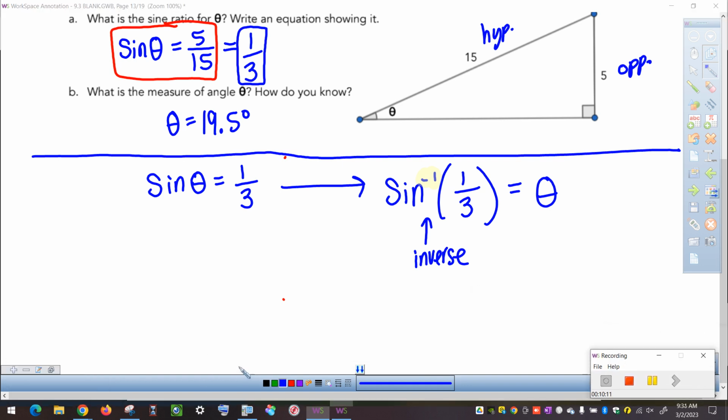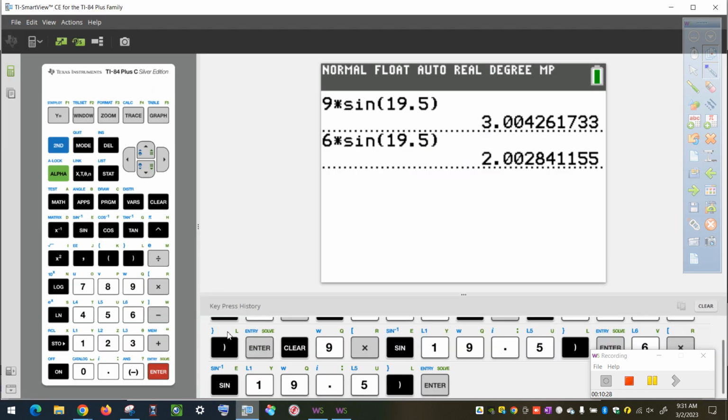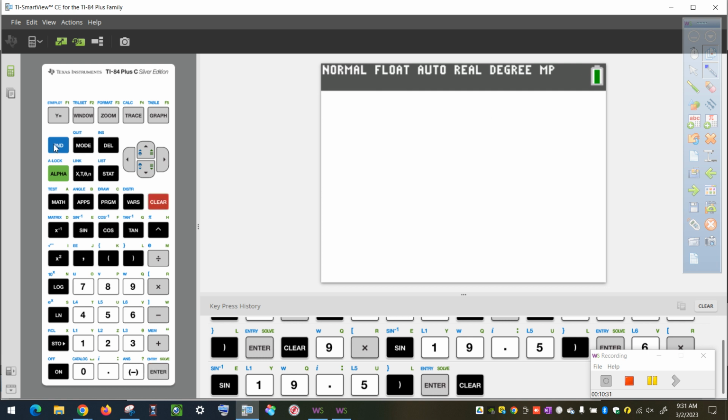Now I want to show you here how to type this into your calculator. In your calculator, we're going to find the second key, and then we're going to press the sine key. And when you press second sine, you're going to see the sine with the little -1, the inverse symbol, show up. So let's go back over here to our calculator. This will work on a scientific calculator as well.